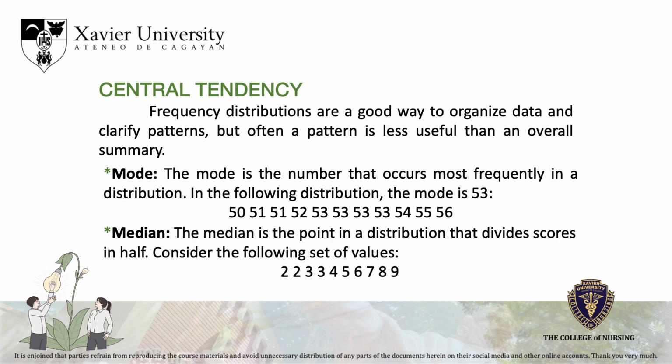So the median is the preferred index of central tendency to describe a highly skewed distribution. In research reports, the median may be abbreviated as Mdn, capital M, small d, small n.